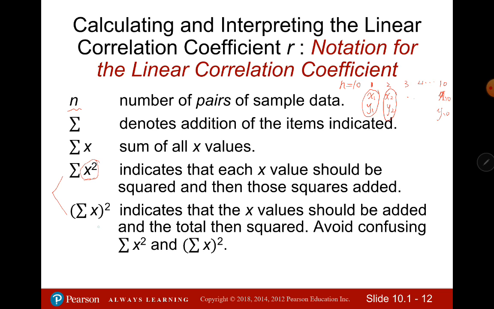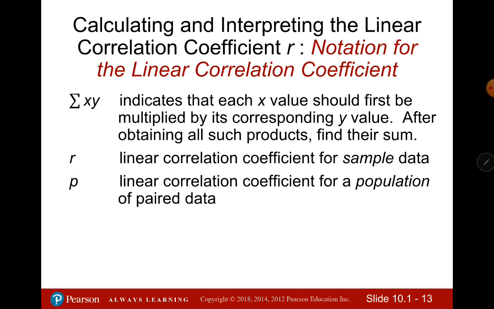But for the second one, I find sigma x, the sum of all the x values first, then find the squared sum. So make sure you do not mess these up. This one, find the square first, then get the sum of the 10 squared x values. This one, find the sum first, then take the square.